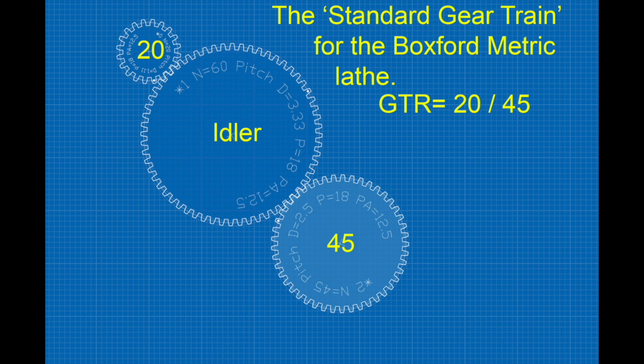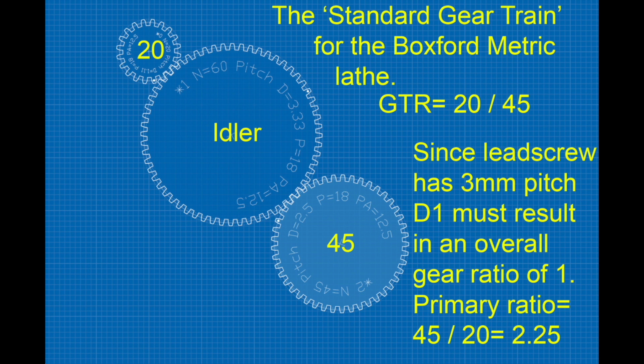And the gear train ratio, when you calculate it, is just 20/45, ignoring the idler. Since the lead screw has a 3 millimeter pitch in the D1 position, it must result in an overall gear ratio of 1. Remember, we're copying the lead screw, which has a 3 millimeter pitch, to create a thread of 3 millimeters, and in that situation we need a 1-to-1 gear ratio between the spindle and lead screw.